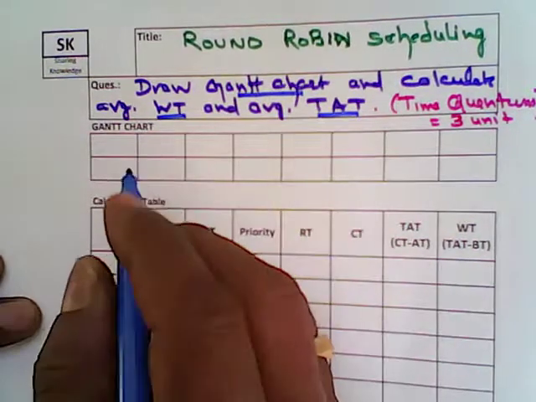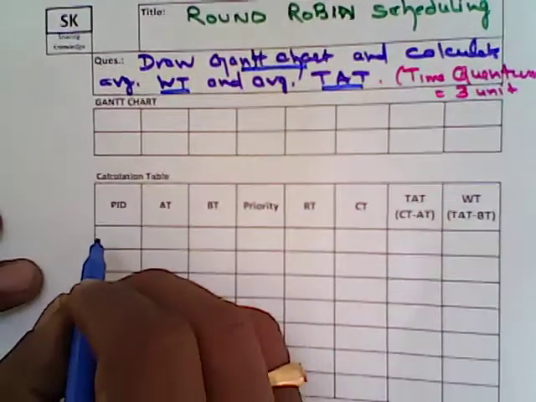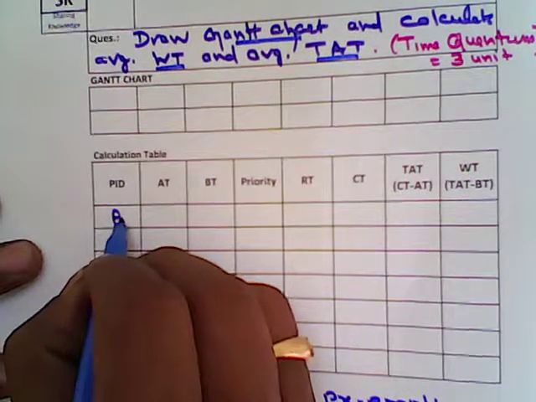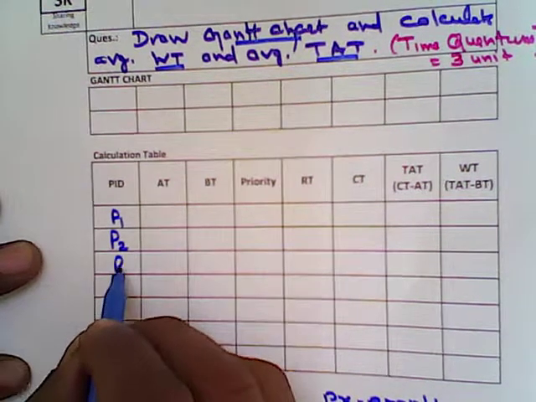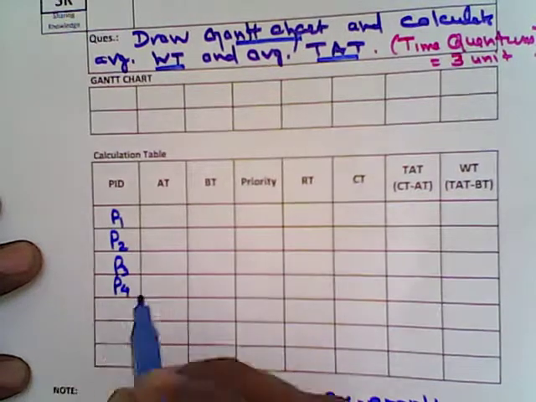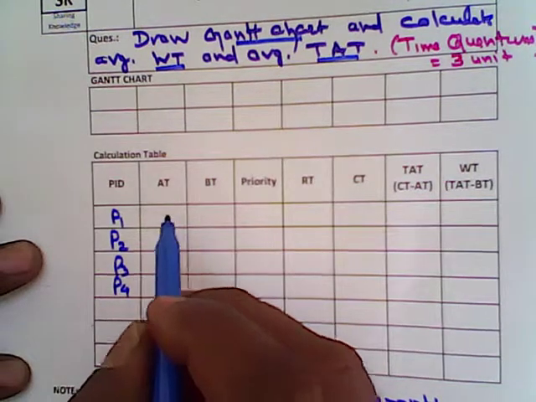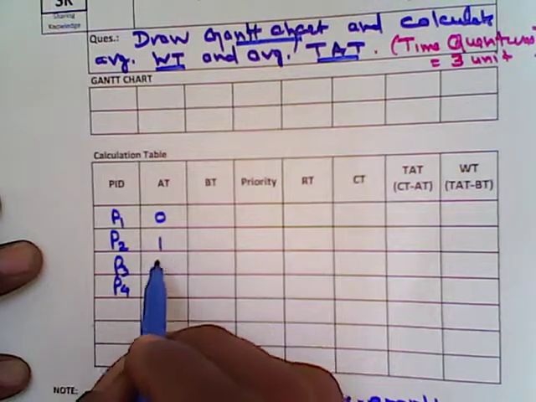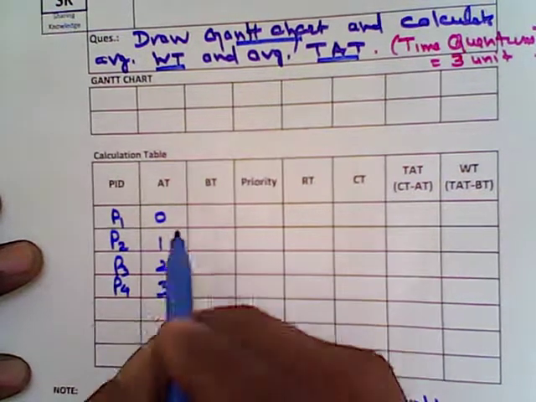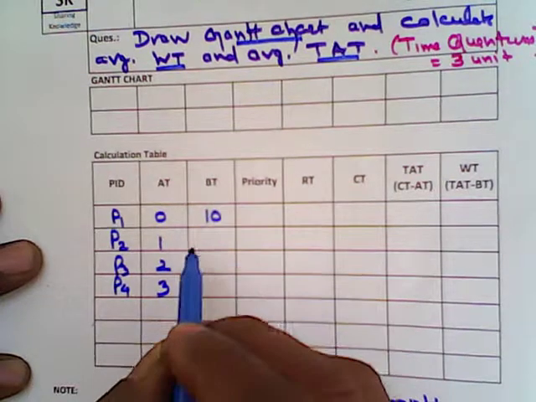Say we take 4 processes, P1, P2, P3 and P4, with arrival times 0, 1, 2, 3 and burst times 10, 4, 5 and 3.